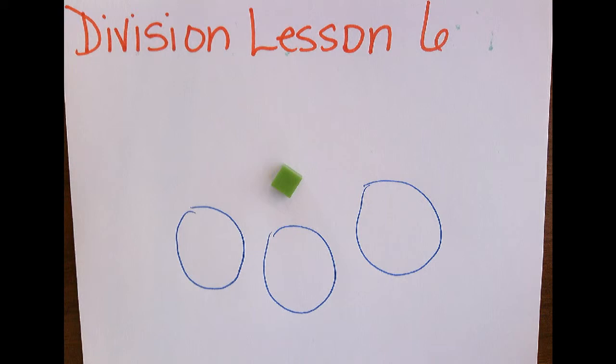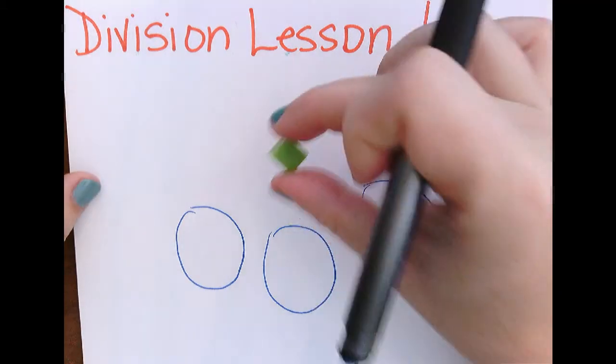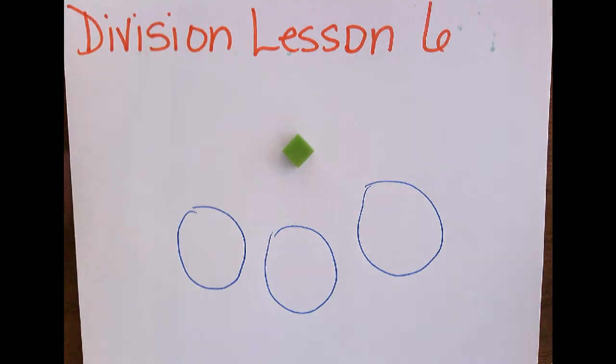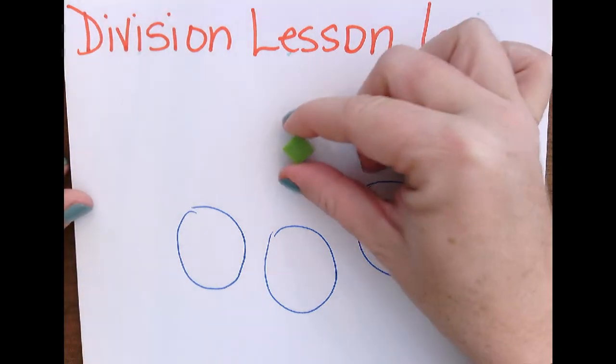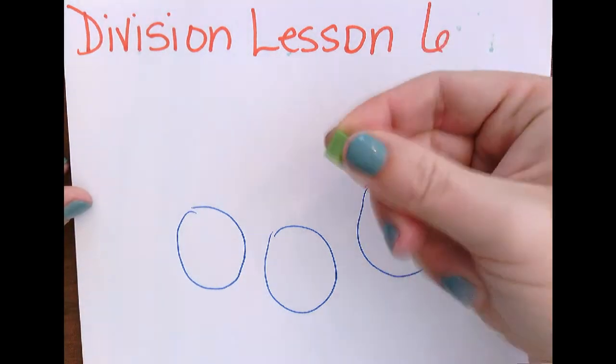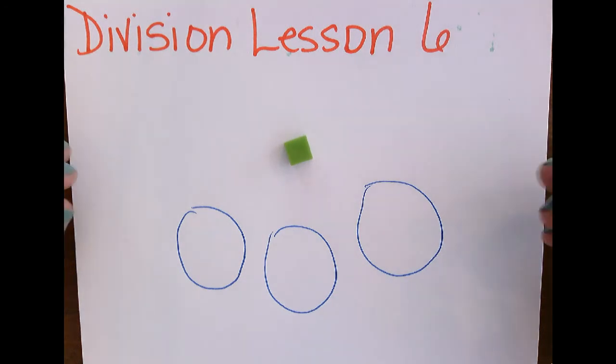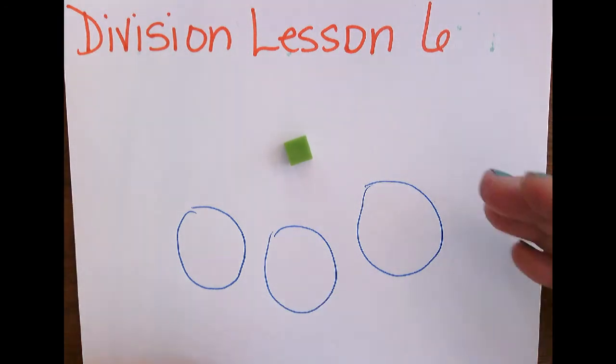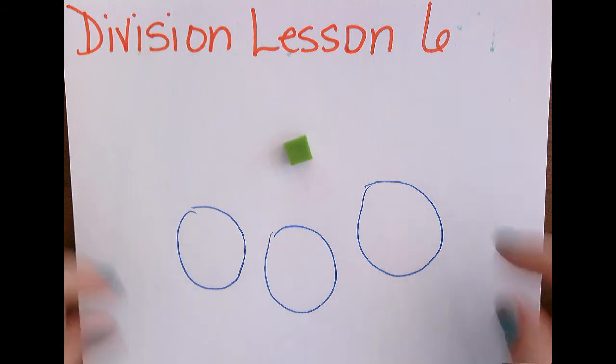One way to look at it is like this. You have 1 cube. You're expected to split it into 3 groups. Well, you can't split this cube. It's impossible. And because division is splitting into equal groups, none of these are going to get it.